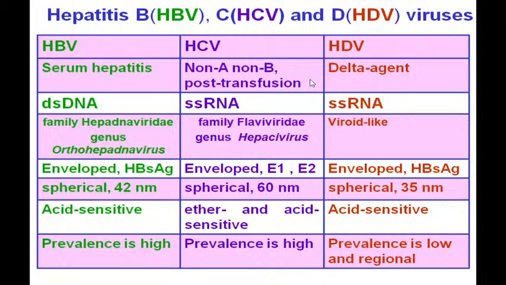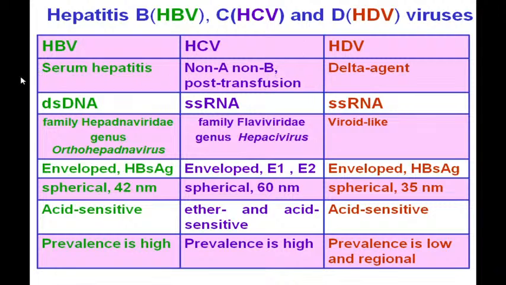It is called post-transfusion hepatitis. And HDV is quite often called delta agent. It's not really a virus because it is a defective virus. It doesn't have a portion that is needed for infection. So that's why it is called delta agent.